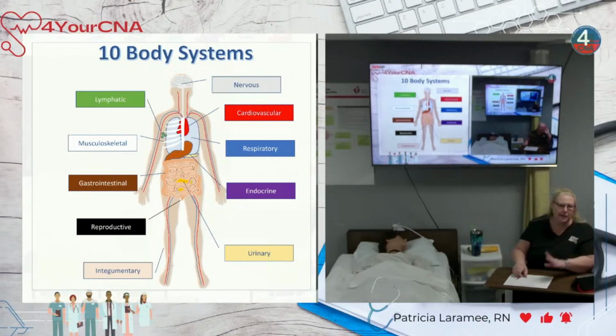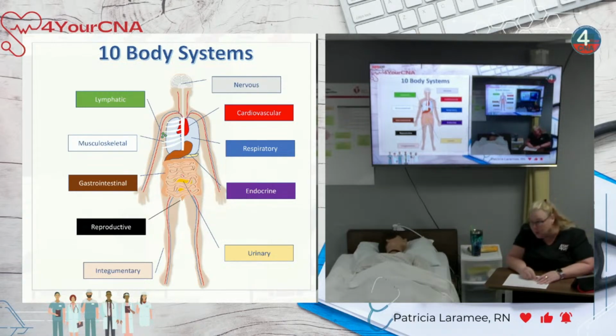So when we're dealing with older people and we're helping them brush their teeth, and oh my gosh, they're so slow, we tend to get a little aggravated because we've got 10 patients to help, and this is taking forever. It's just quicker for me to do it.